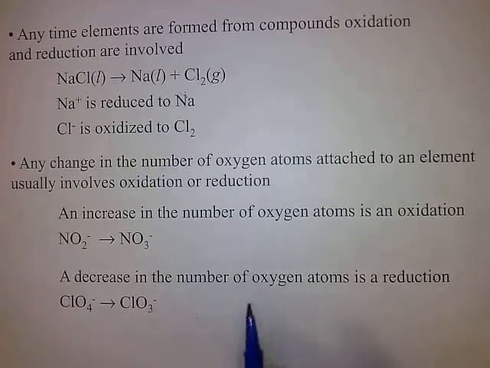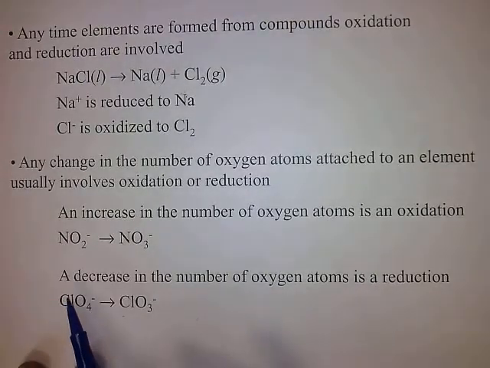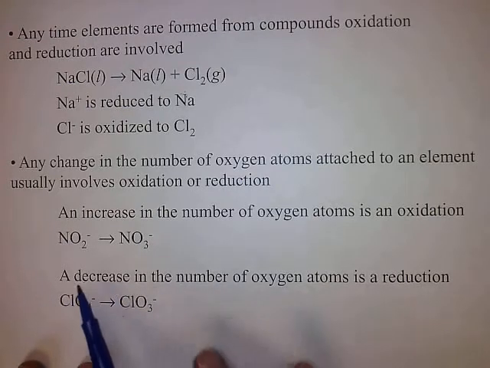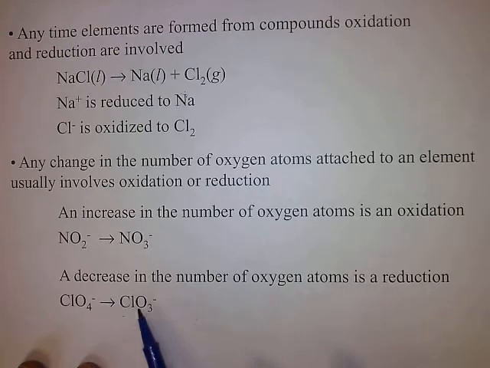Similarly, the reverse is true, that a decrease in the number of oxygen atoms is a reduction. So perchlorate down to chlorate is a reduction. Again, all other things being equal: the same charge, which is -1, and the same central atom.